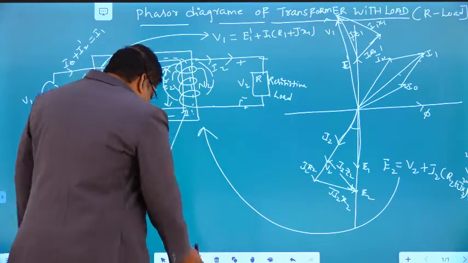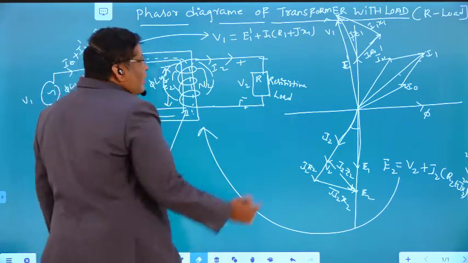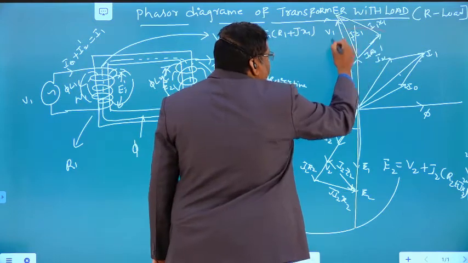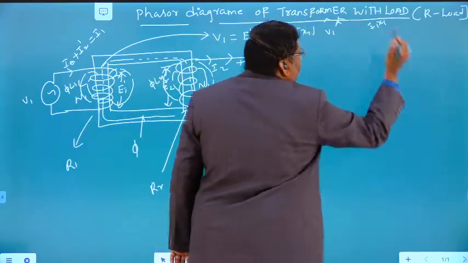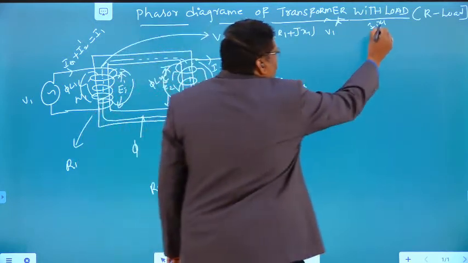Now we are going to see the phasor diagram of the transformer with a capacitive load.